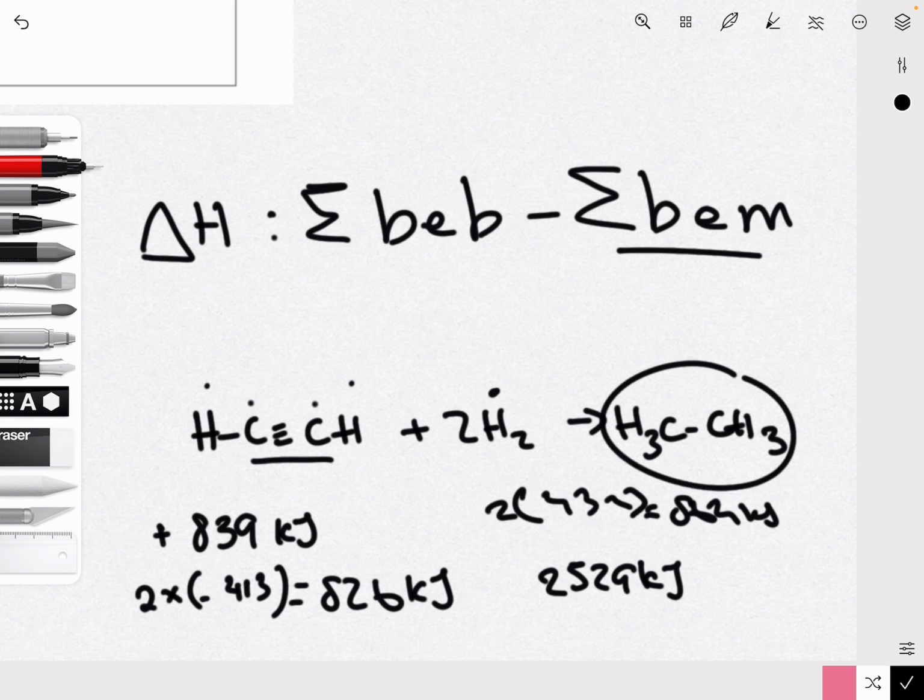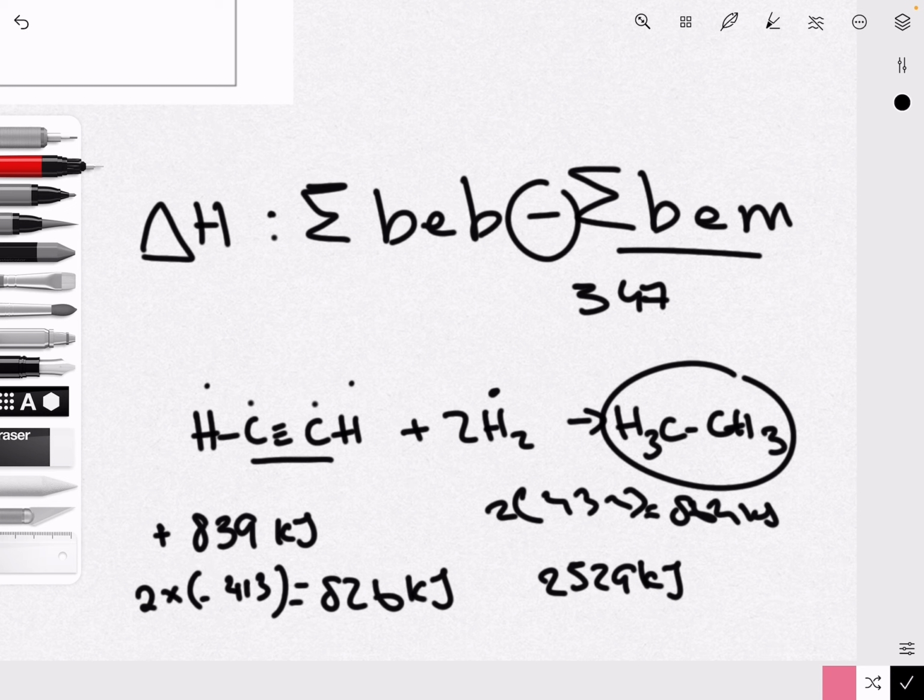Yet again, we have one carbon to carbon bond, which will be our negative, since we are subtracting. This will be negative 347 kilojoules. Then we have 6 carbon to hydrogen bonds, because remember this is no longer ethyne but ethene. So ethane, apologies.